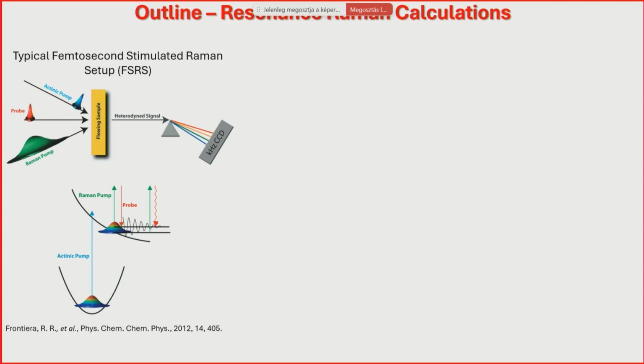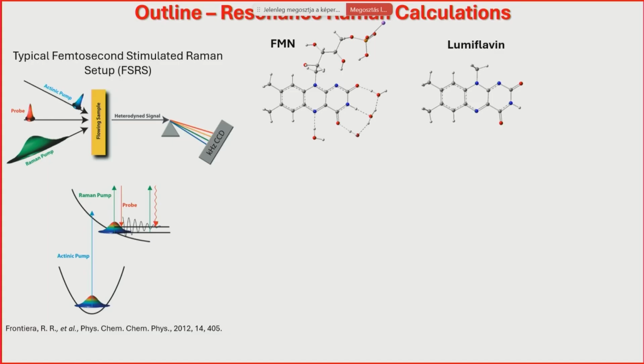First the actinic pump photoexcites our sample, and then after a given time delay, the Raman pump and the probe interrogate the instantaneous molecular structure. This is detected afterwards in the detector as a division between Raman pump on and Raman pump off laser shots.